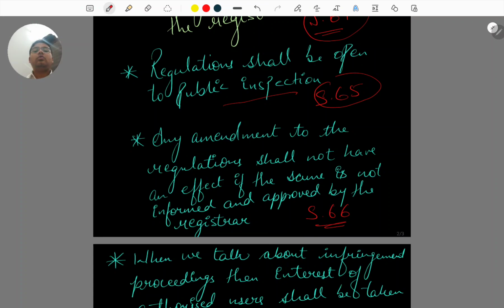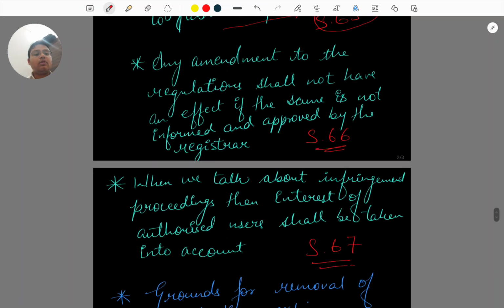These regulations will only have effect when they are provided to the Registrar and the Registrar approves them. If the regulations are not approved by the Registrar, then they would not have any effect for that particular mark.